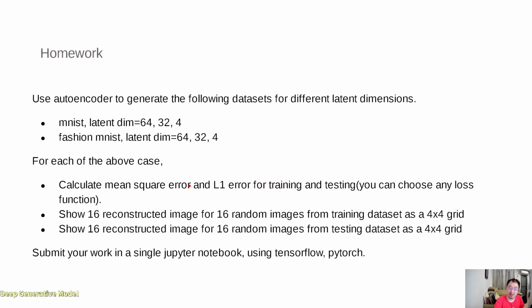For training the autoencoder itself, you may use any kind of loss function you wish, a combination of mean square error or L1, anything you wish. However, I want you to evaluate your result using the mean square error and the L1 error, and see whether there is overfitting between the training result and the testing result.